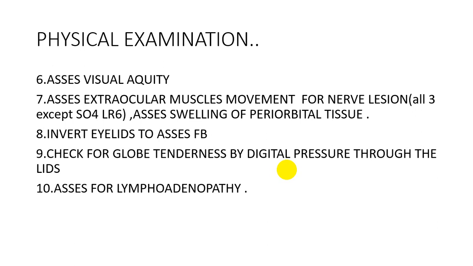SO4 means superior oblique, supplied by cranial nerve 4, the trochlear nerve, and LR6 means lateral rectus, supplied by nerve 6, the abducens nerve. And you must assess the swelling of periorbital tissue.